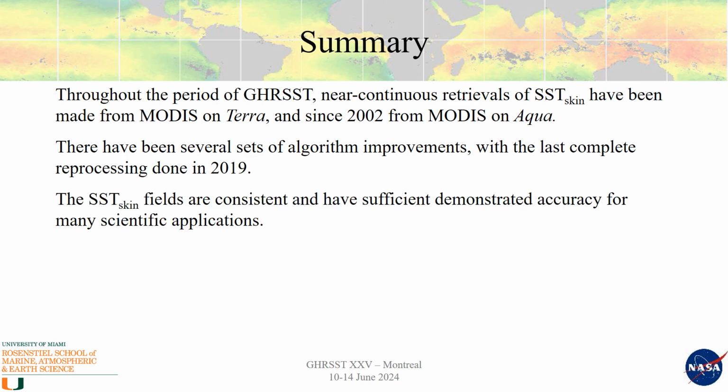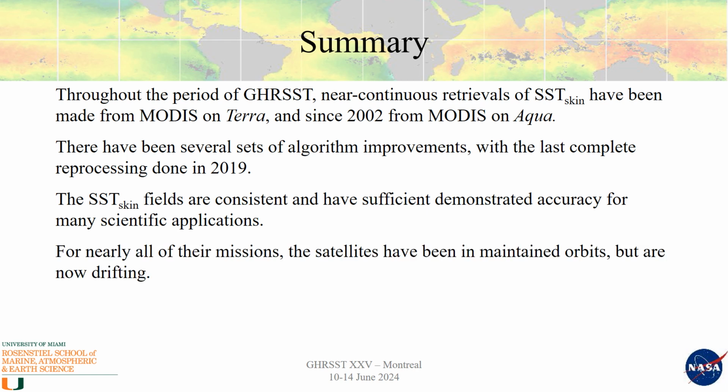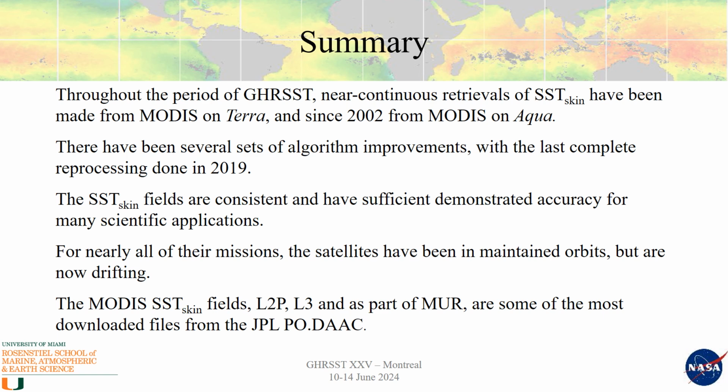The SSTskin fields are consistent and have sufficient demonstrated accuracy for many scientific applications. For nearly all of their missions, the satellites have been in maintained orbits but are now drifting. The MODIS SSTskin fields L2P, L3, and as part of MUR are some of the most frequently downloaded files from the JPL PODAAC.